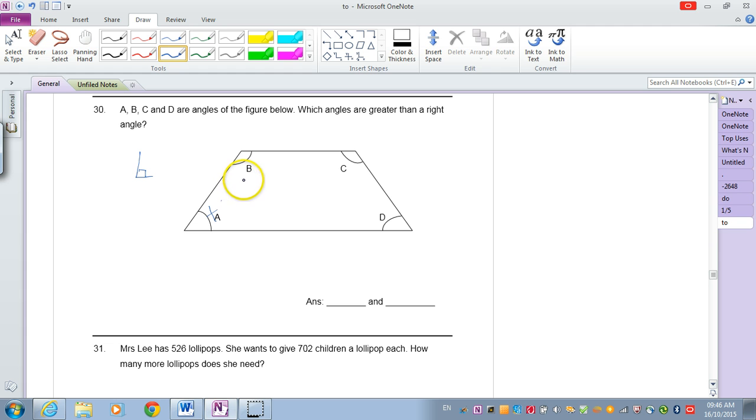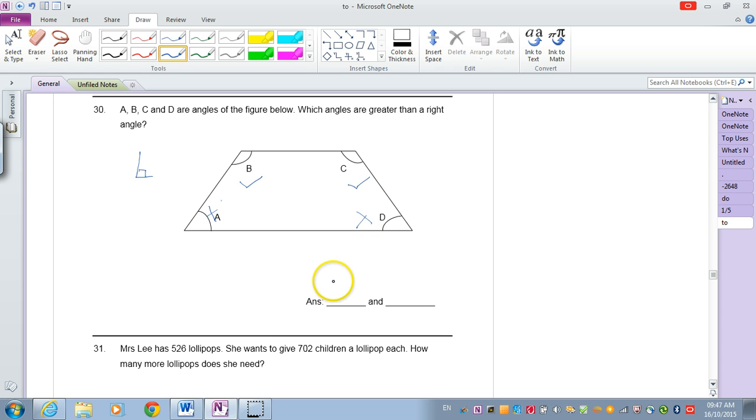It is greater than your right angle. So angle B is one of the angles that is greater than your right angle. What about angle C? Angle C is also greater than your right angle, so it is an obtuse angle. So this is also what we want. What about angle D? Angle D is less than your right angle. It is an acute angle, so this is not what we want.